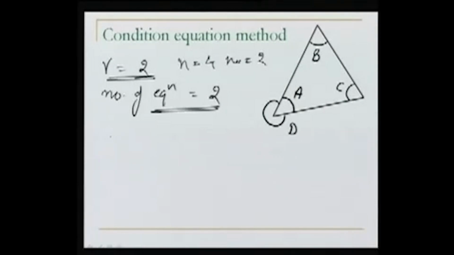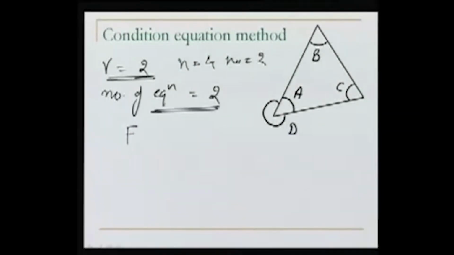We have to look into our system of observations in our problem and find those conditions. The 2 conditions which we can write here, please remember, have to be written in terms of adjusted observations or estimates of the observations.